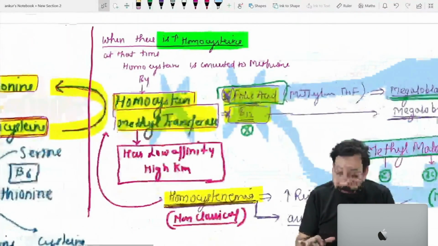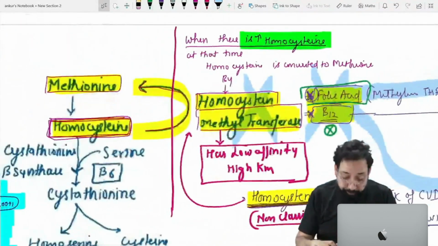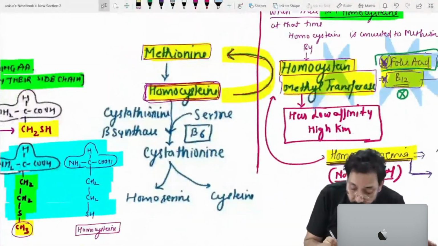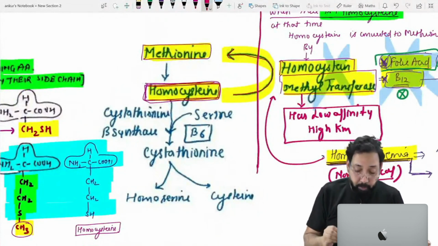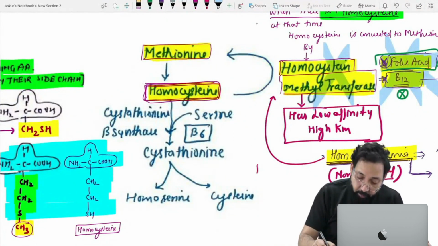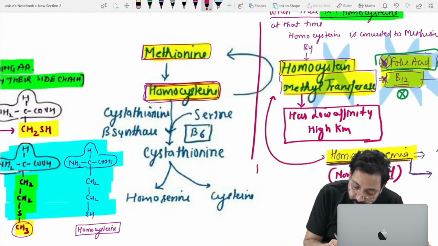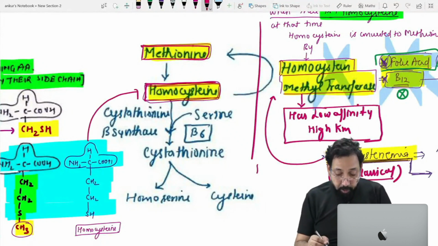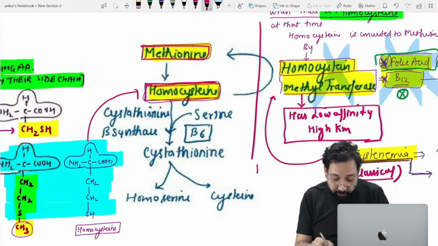And now we come to the next part. Normally in our body, methionine is converted to homocysteine. You know the structure of homocysteine. I draw the structure of serine here.